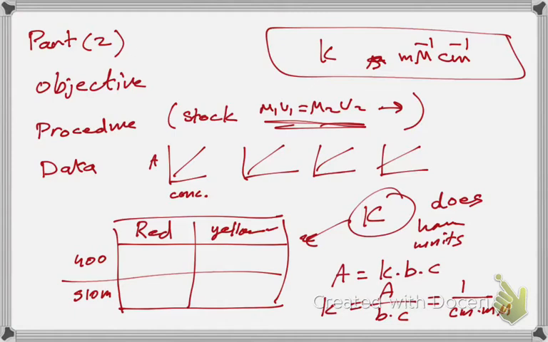Okay? Now, after that, you are going to go to part 3. And in part 3, again, you're going to have an objective, which is taking your unknown mixture and measuring the absorbance at both wavelengths, since your unknown has both colors. Then you're going to have a procedure and data.